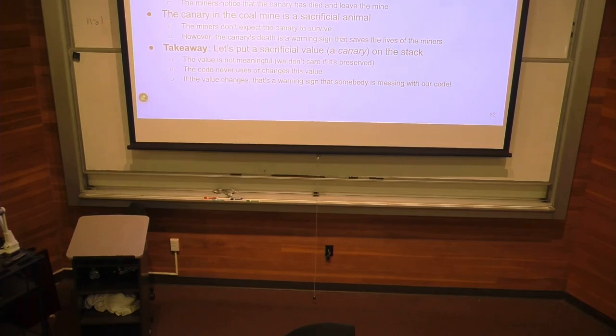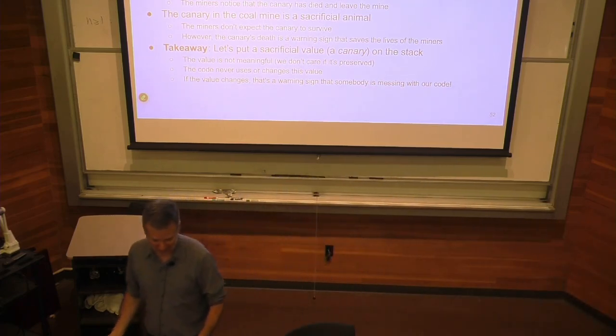I don't know if you know this, but canaries and parakeets are super sensitive to the quality of air, more sensitive than we people are. That's why they brought them down there, so that if the parakeet or the canary passes out, that's an early warning sign that the air quality is not good, and get out. Or worse, the really grim part is if it dies, then you know to get out.